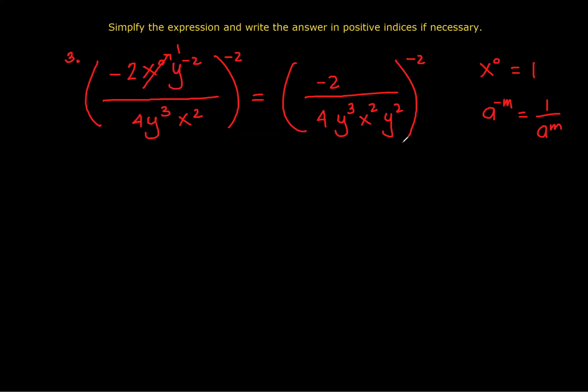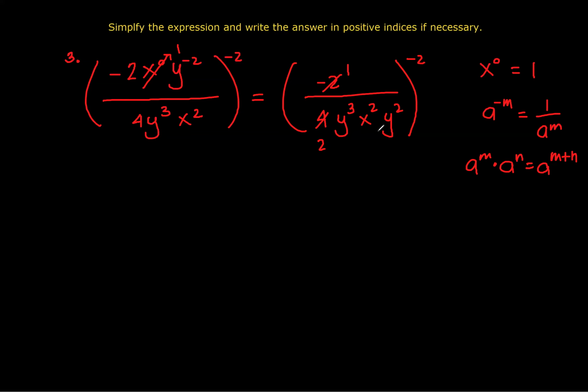Next, we can see that 2 and 4 have a common factor, that is 2. So 2 divided by 2 is 1, 4 divided by 2 is 2. Here we can also use the product rule, where a raised to m times a raised to n is equal to a raised to m plus n.